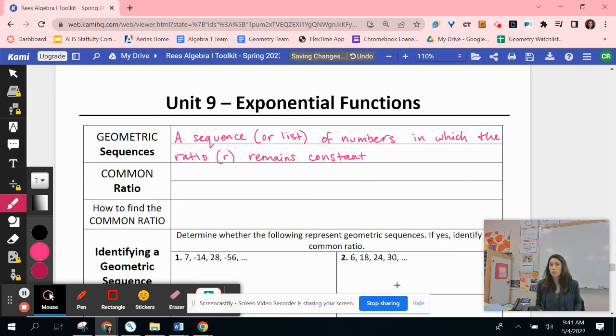Okay, so in this case with a geometric sequence, we're always going to be multiplying.